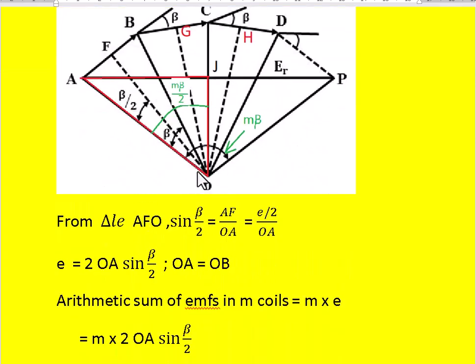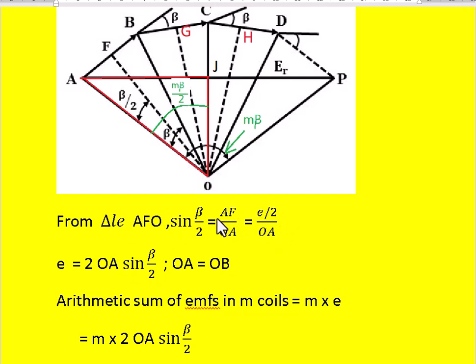Now from triangle AFO, sin beta by 2 is AF divided by OA, opposite side by hypotenuse. The opposite side is AF and the hypotenuse is OA. AF is nothing but E by 2, because AB value is small e.